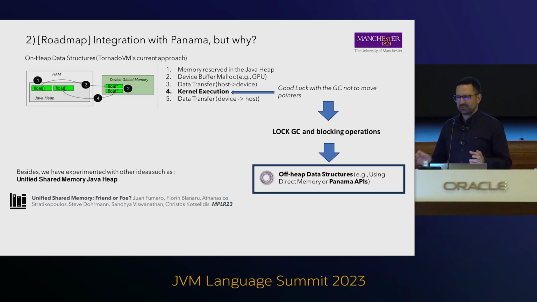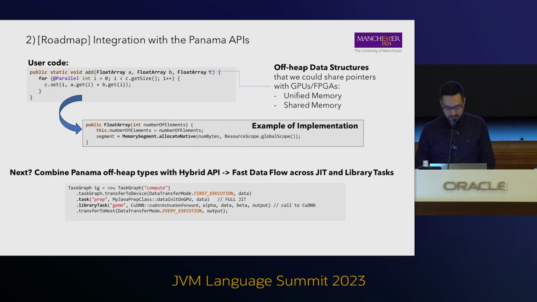If you're interested, that could be a totally separate talk. But if you're interested, we have a publication coming this year. Just in a nutshell, we don't go through this solution because it will require more changes in the JDK, and especially in the GC. It's much simpler, and in my opinion, right now, much cleaner to go through Panama. So that's why we're going through Panama.